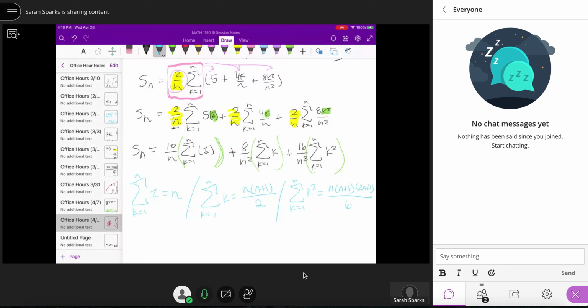So if you notice in this first one, it's equal to n, but n is also equal to n divided by 1, right? So if we multiply the second one by 2 on the bottom, we get this 1 times 2. And then this third one, on the bottom, is 1 times 2 times 3.